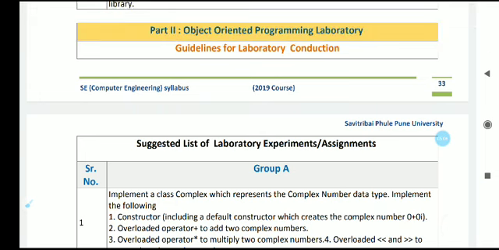Next is the object oriented programming lab. In the laboratory it is combined with the computer graphics subject.